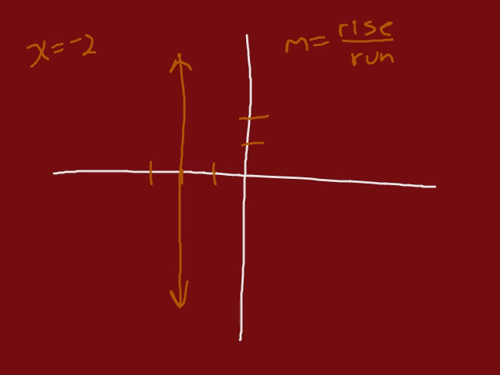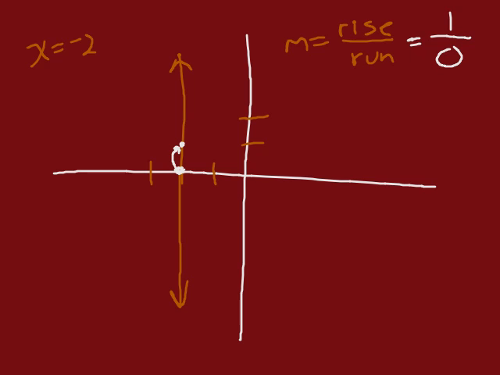So let's go from one point to another and try to figure out what the rise and the run are. If we go from here to here, the rise is 1, right? What's the run? How far horizontally does it move? It doesn't move horizontally. So we have 1 over 0.